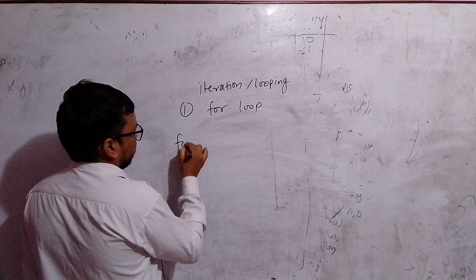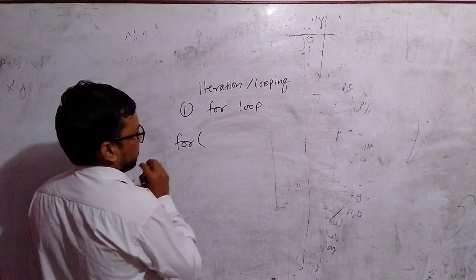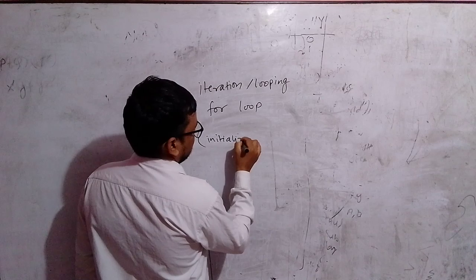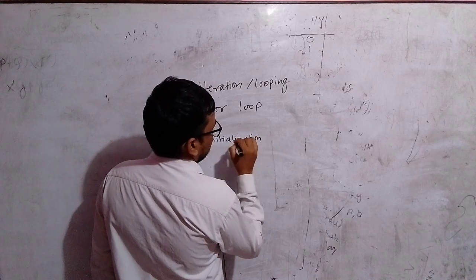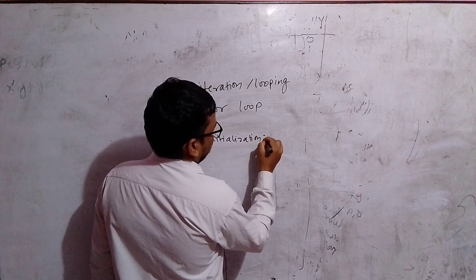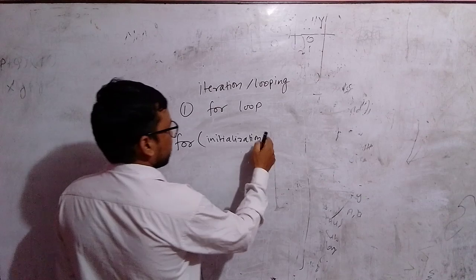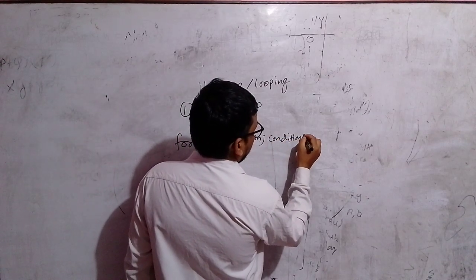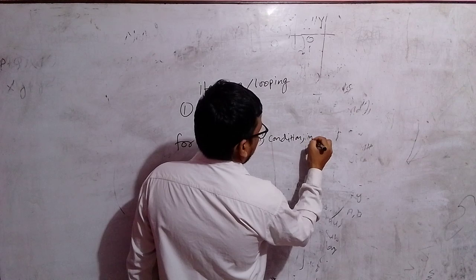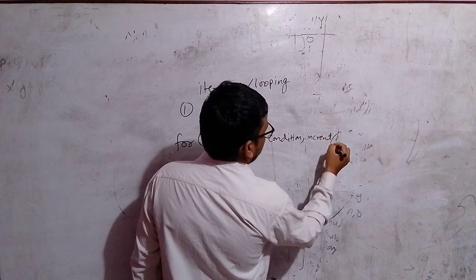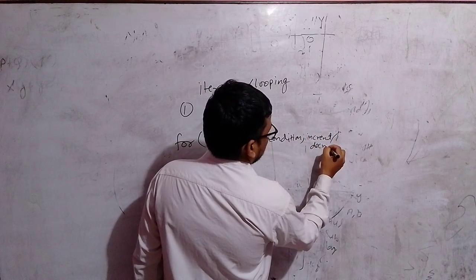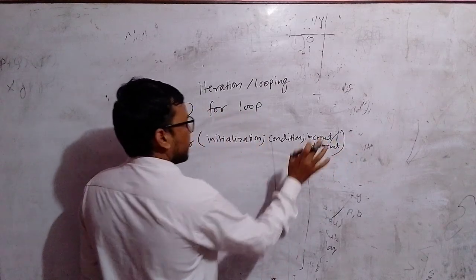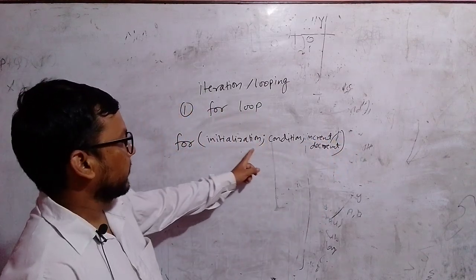Syntax of for loop: for, parenthesis open, initialization, semicolon. We need to write the semicolon. Then condition, and semicolon. Increment slash decrement. We can use either increment or decrement.